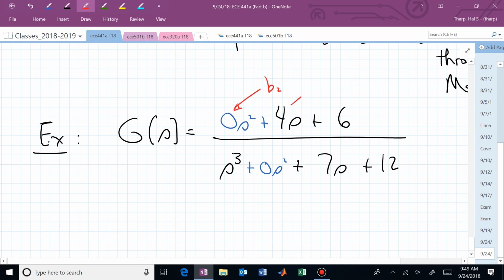Here's B2, B1, B0. That one was monic. That would have been like an A3, but we normalized that to be 1. Here's our A2. Here is our A1. And here is our A0.